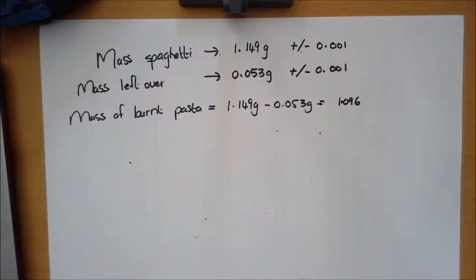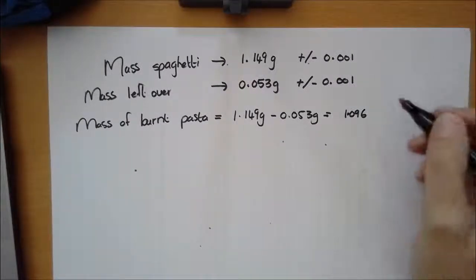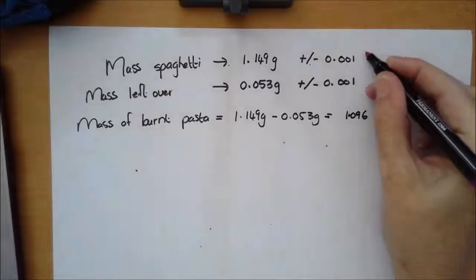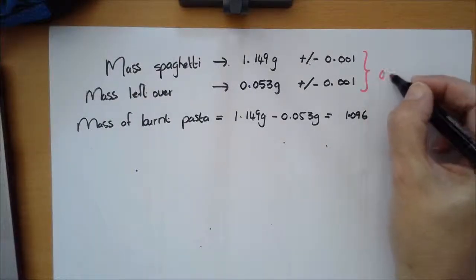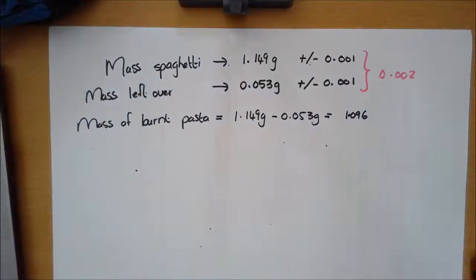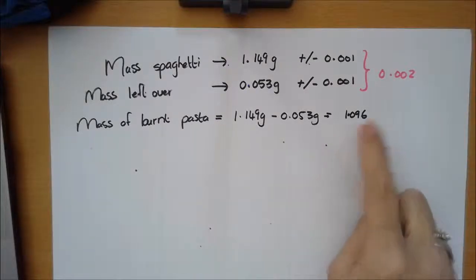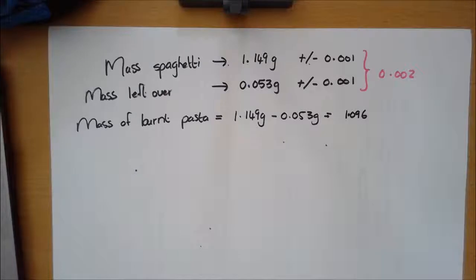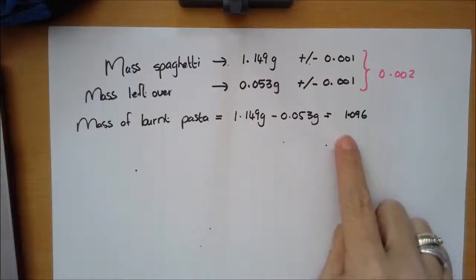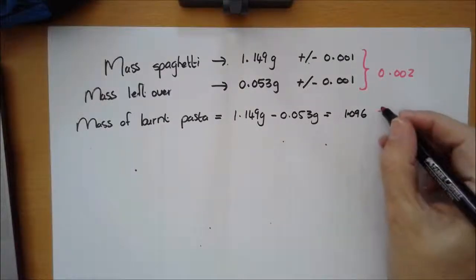I then have to consider my uncertainties, and just as before, I'm going to add the uncertainties together, right? So these two uncertainties here will become 0.002 because I'm subtracting. It means that the mass of my pasta could be 1.096 plus 0.002, or it could be 1.096 minus 0.002.